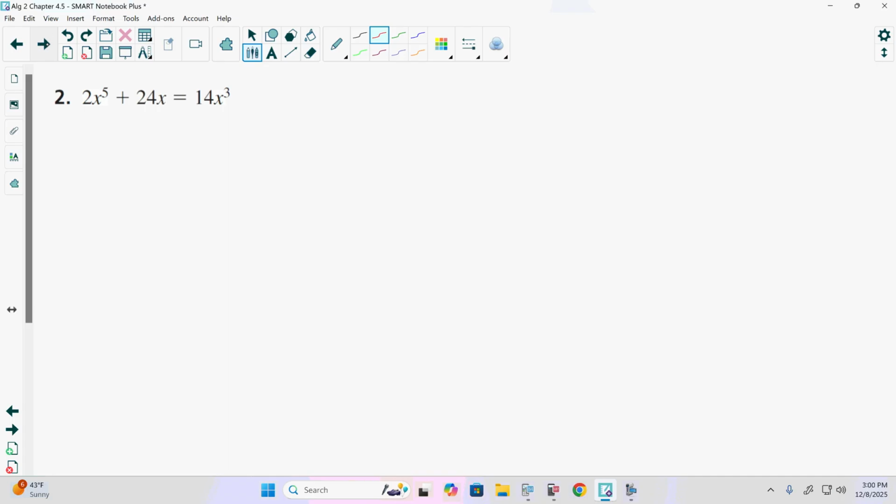I'm going to skip the actual next one, and I want to go to this one here. 2x to the 5th plus 24x equals 14x cubed. Now again, with solving, the first thing we want to do is get this equation equal to 0. Before we even graph it, we need this equation equal to 0.